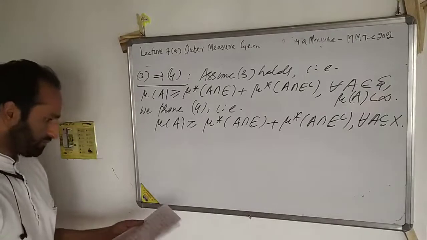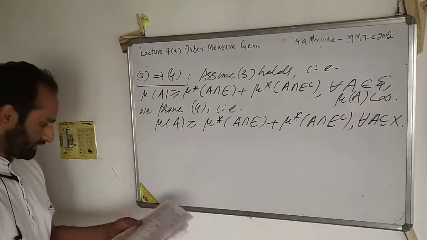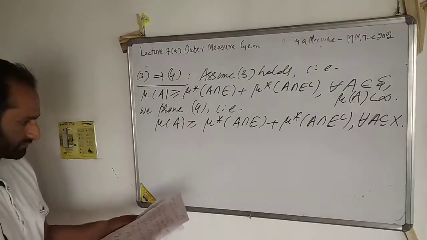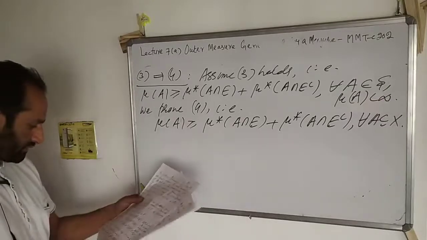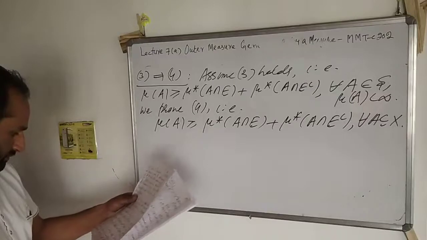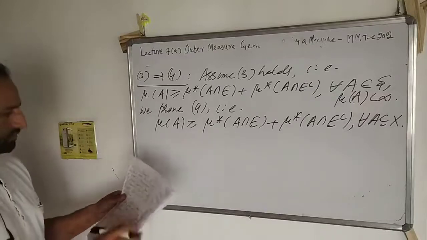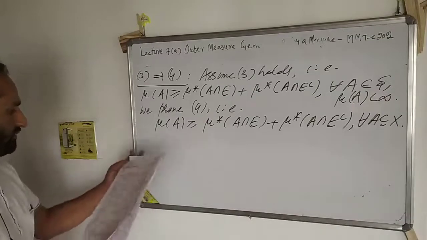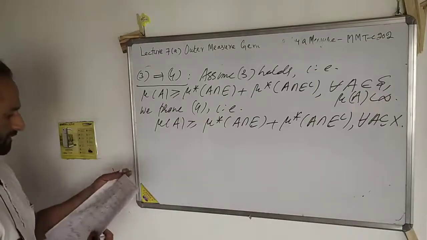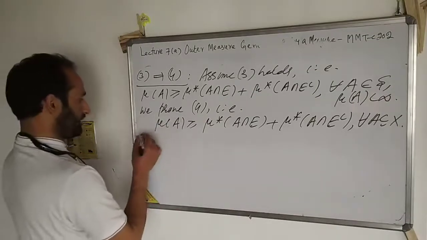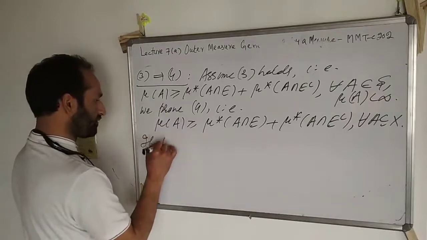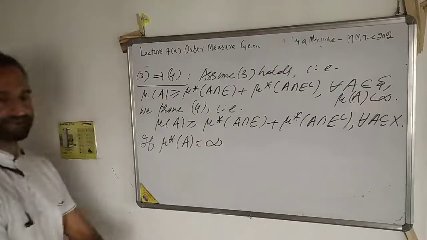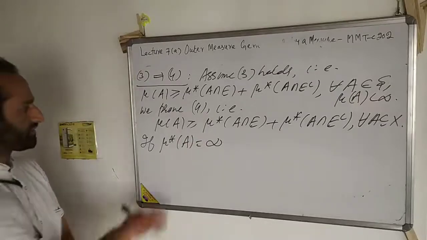So let's prove this. Third implies 4. First case, in case mu star of A is infinity, then this trivially holds.